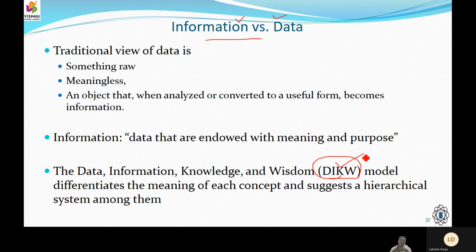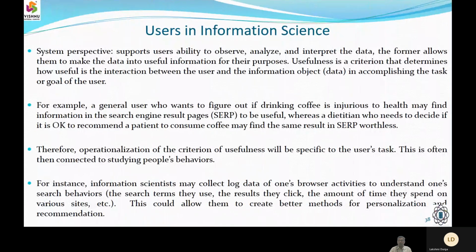But in data science, what we bring up is the words data, information, knowledge, and wisdom. These are in a hierarchical way so that we get enough insights from the data when it becomes information.